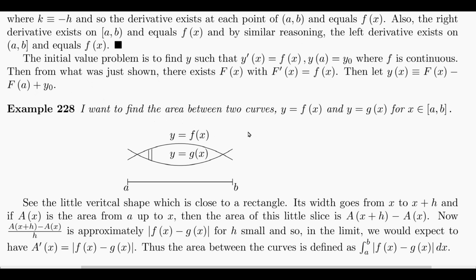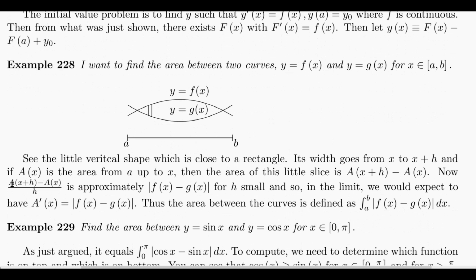Now suppose you want to find the area between two curves, f of x and g of x, for x element of an interval. This is an example. So you see f of x sometimes is on the top and sometimes it's on the bottom. I have a little chunk of area here. This little chunk of area is approximately equal to absolute value of f of x minus g of x.